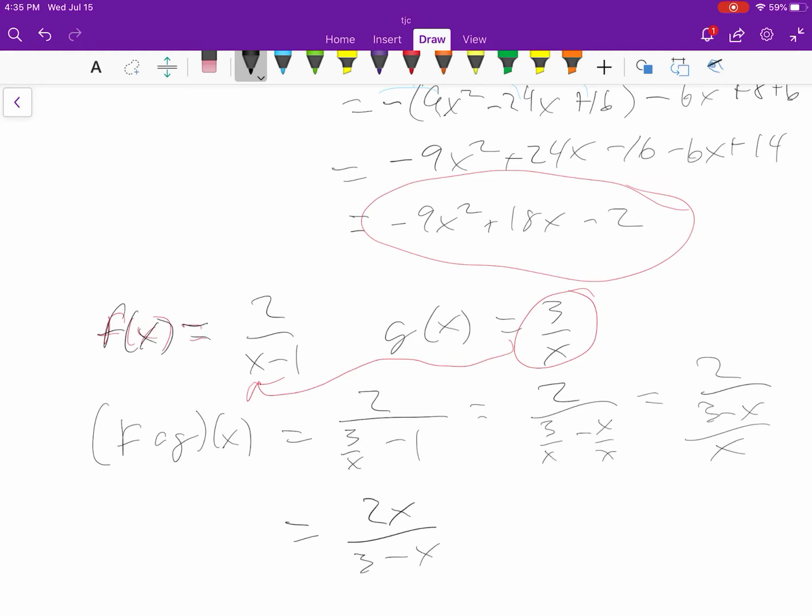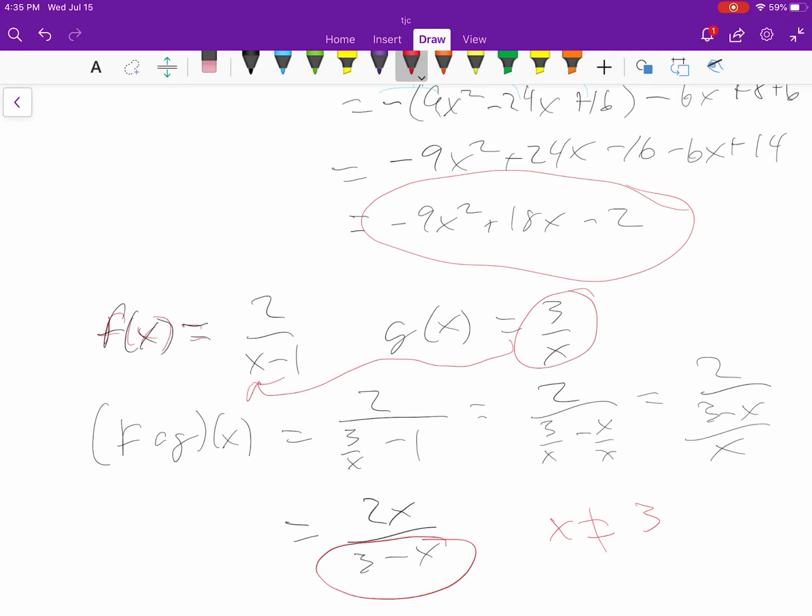Then they're going to be wondering about the domain. How do we figure out the domain on these? Well, remember with rational functions, the denominators can't equal 0. So if we look at your composite function here, x equals 3 is not allowed because you'd have 0 there.